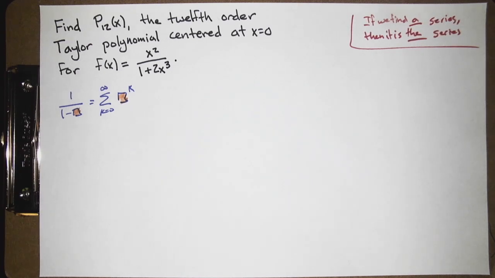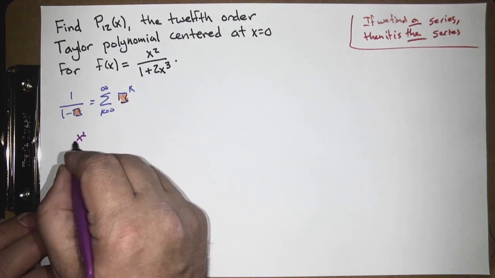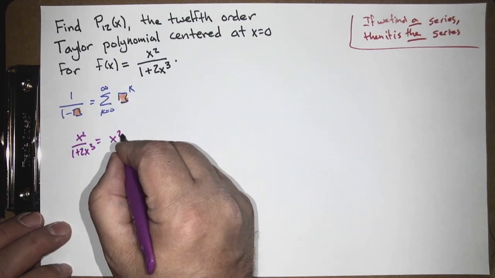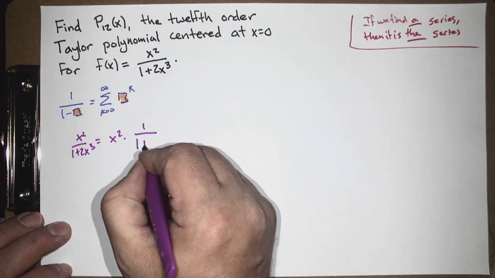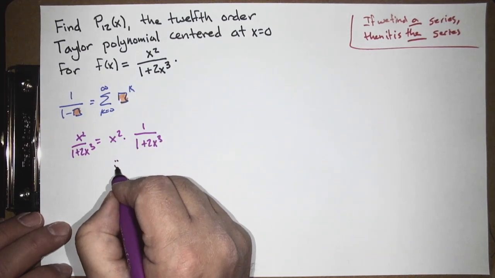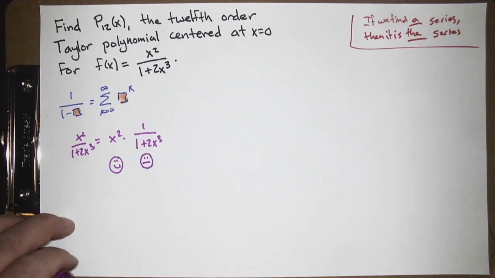We are comfortable with the x squared. The reason we're comfortable with the x squared is it's a polynomial. We like polynomials. So we can just start by saying, well, what do we really have? We really have x squared over 1 plus 2x cubed. And that's x squared times 1 over 1 plus 2x cubed. So the x squared, this part we're happy with. This part we're warming up to.